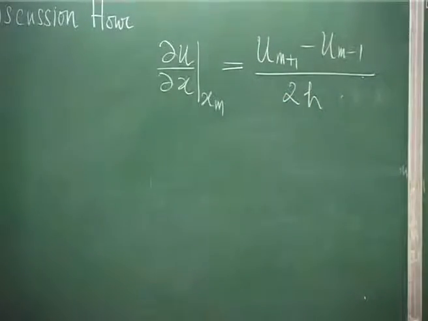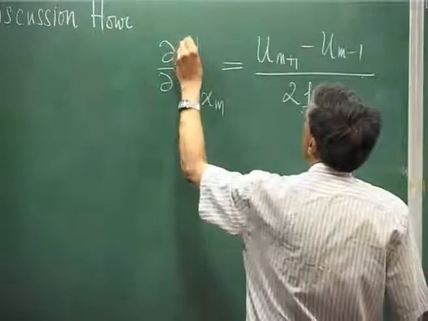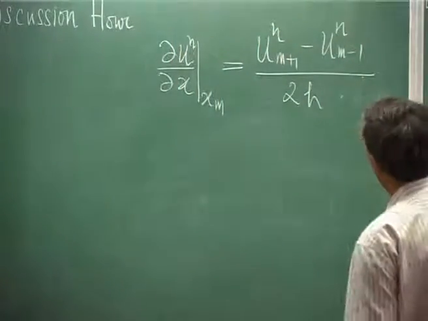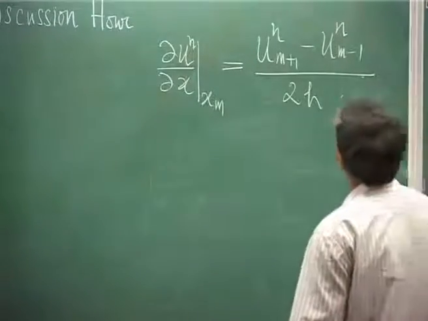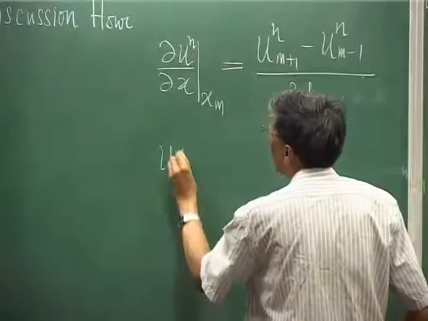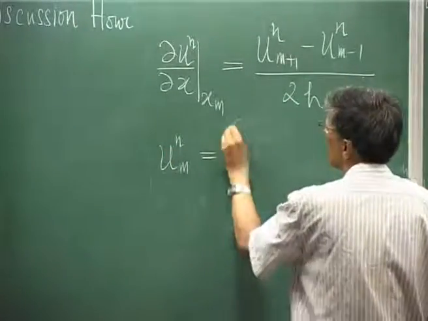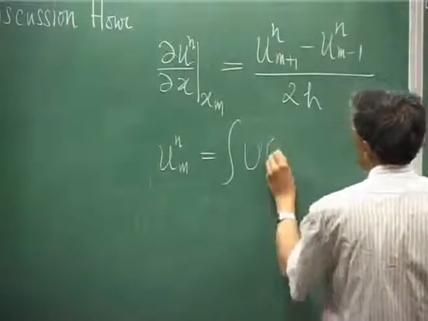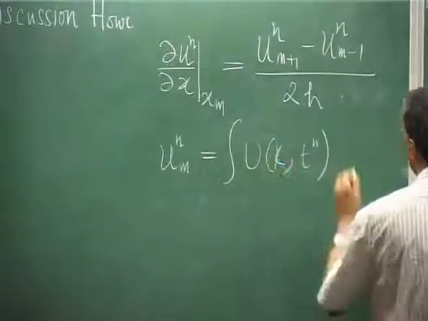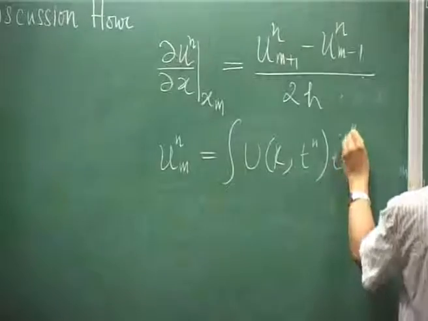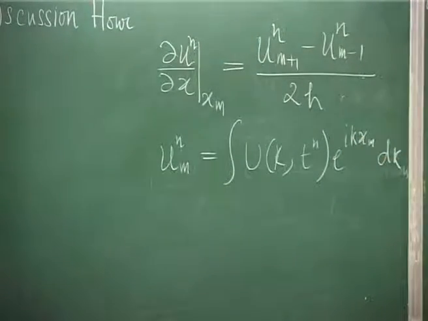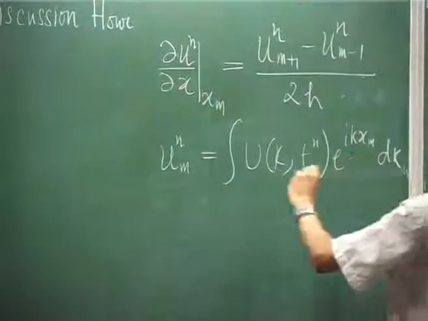Of course, n is implied here, so you can write n. I have no quarrel with that. What happens is, we have already written this as u hat of k of T n e to the power i k x m dk. So, what do I get from here?